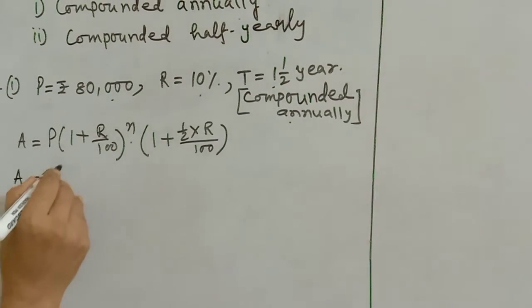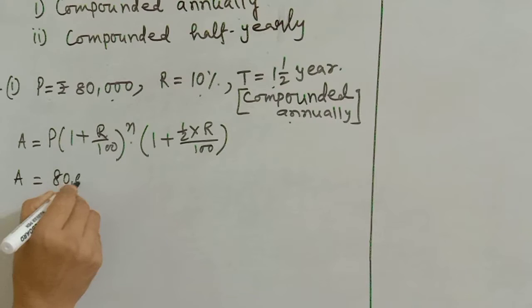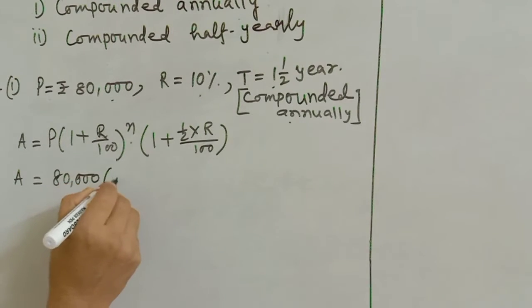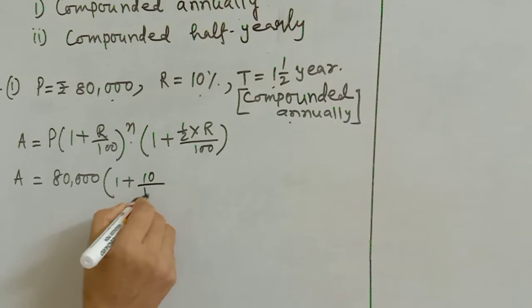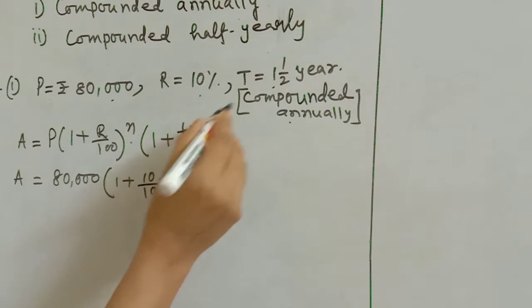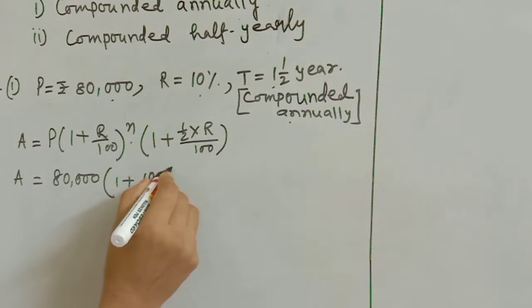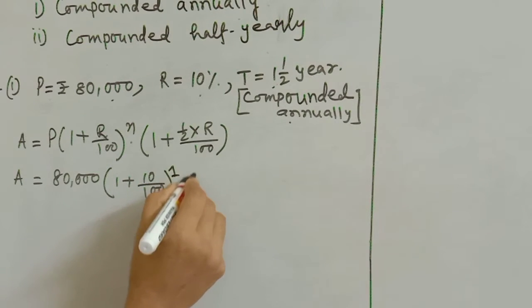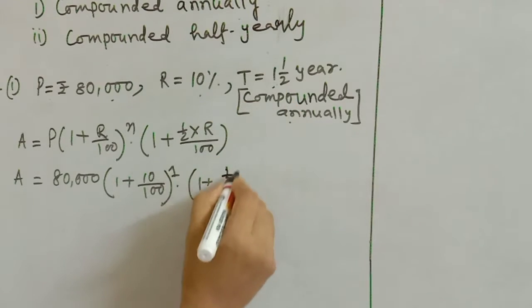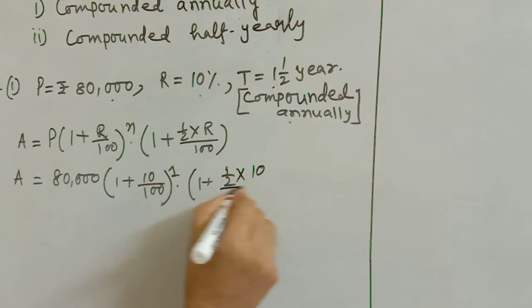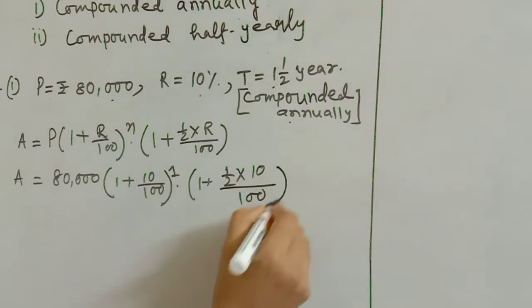Amount is equal to principal is 80,000, 1 plus rate percentage is 10%, so 10 by 100 whole to the power n, 1 year, so 1 into 1 plus 1 by 2, that fractional part, into rate percent is 10 by 100.